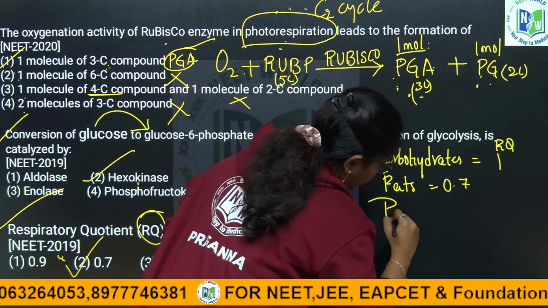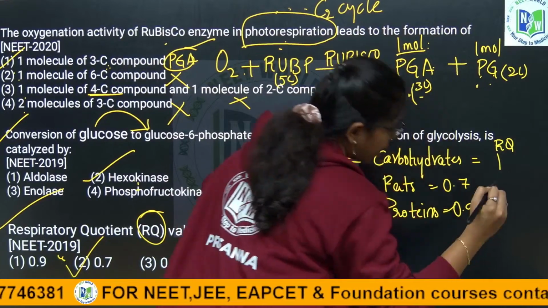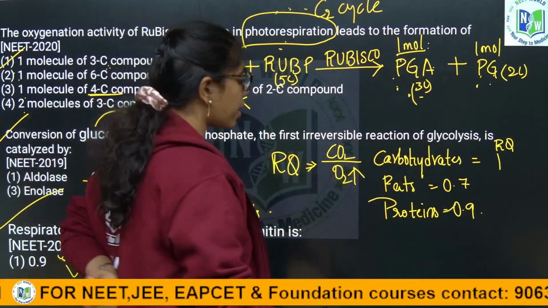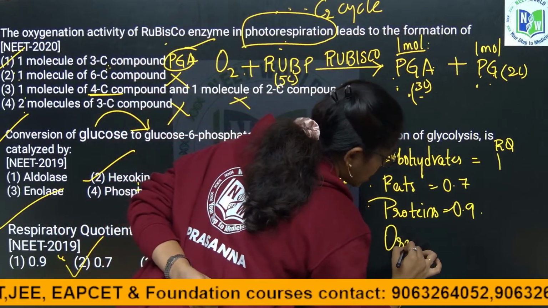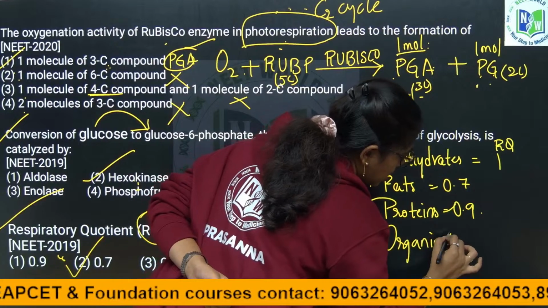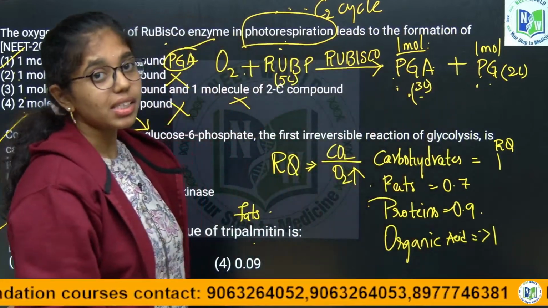For proteins, it will be 0.9. Okay, and for organic acids, it is greater than 1. Organic acids, it is greater than 1.